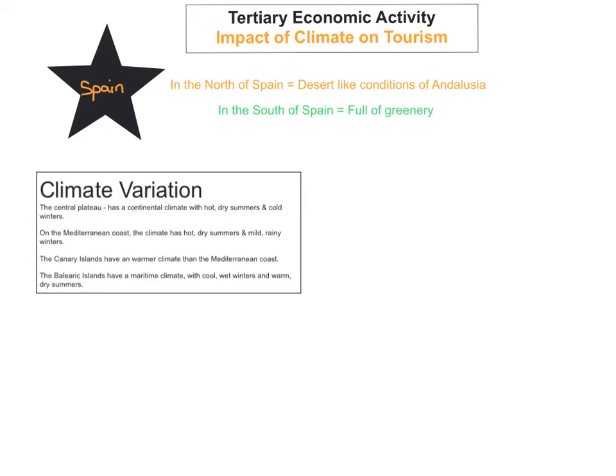So the next thing we're going to look at is some of the attractions for tourists to come to Spain. Spain has a number of attractions for tourists. Some of these are the stunning areas of natural beauty, from the Pyrenees in the north to the rugged Basque coastline. They've got wonderful sandy beaches on the eastern and southern coasts.